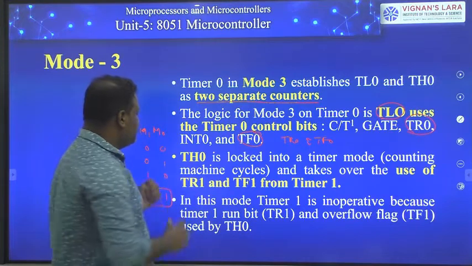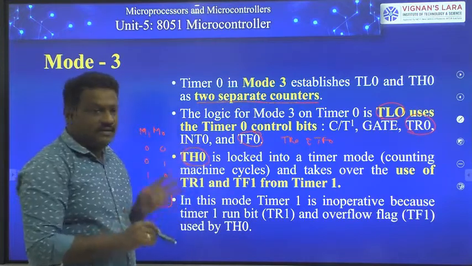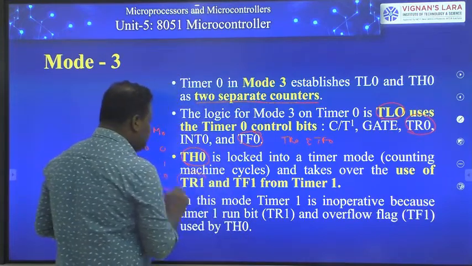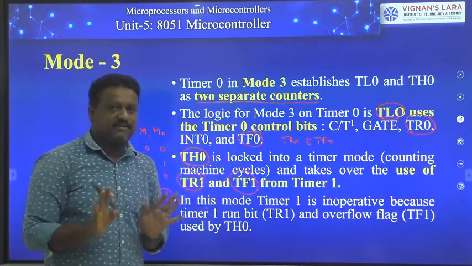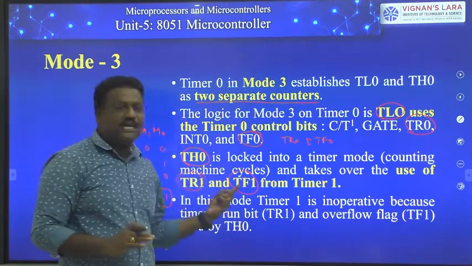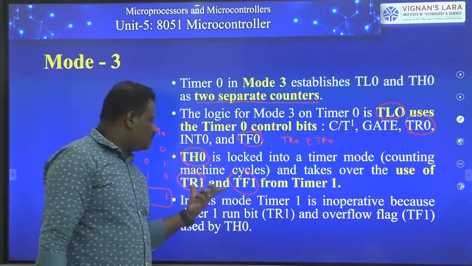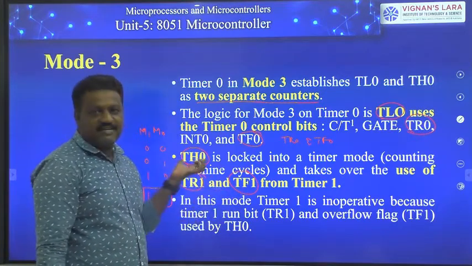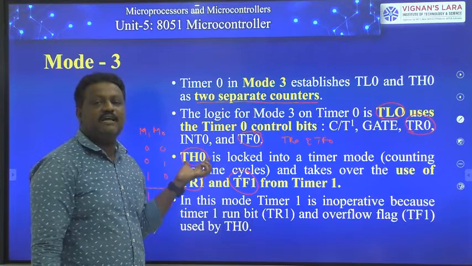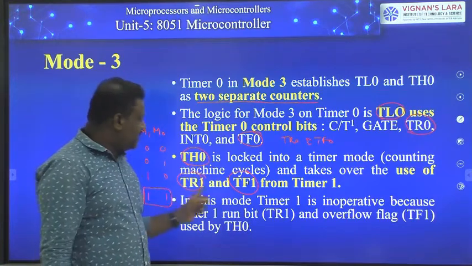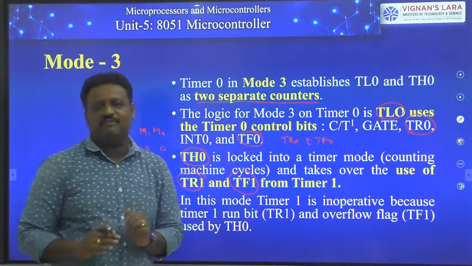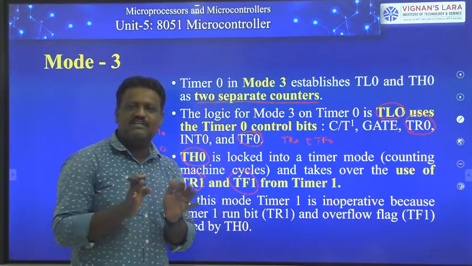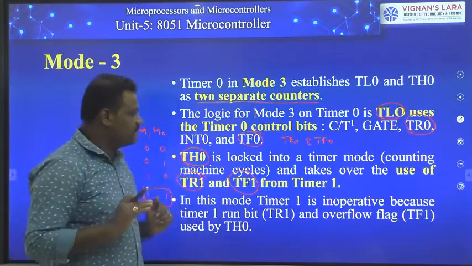Similarly, TH0 will use TR1 and TF1. Basically these two are related to timer 1: the timer 1 run bit and timer 1 overflow flag. But now these two are used by timer 0's higher byte, TH0. So there is no run bit and overflow flag available for timer 1, so timer 1 is inoperative. That's what I am saying.